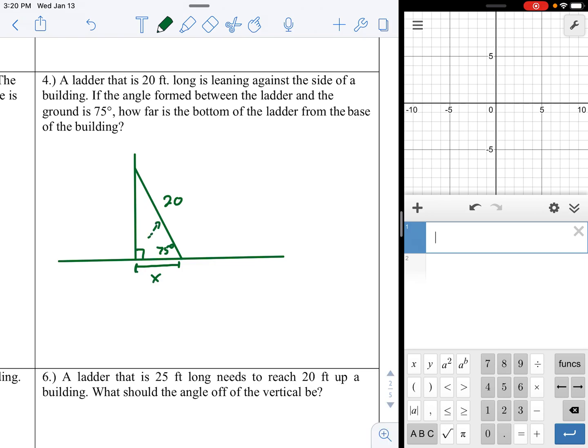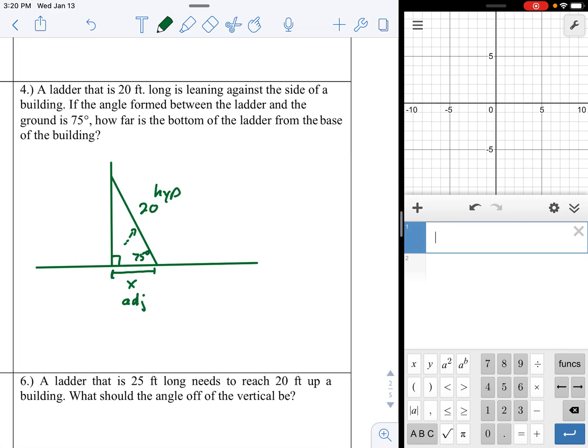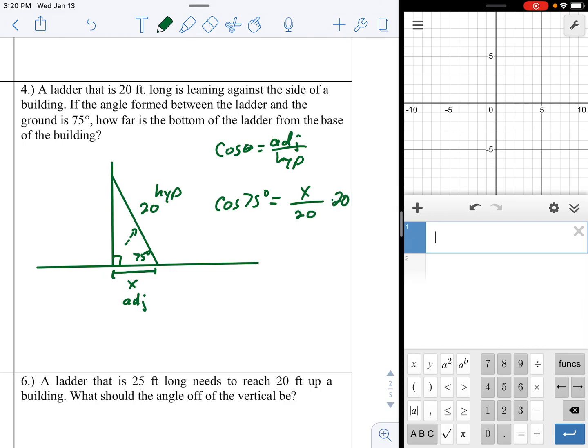So what do we have in this problem? We've got a hypotenuse and we've got an adjacent. Adjacent and hypotenuse is cosine. Cosine of theta equals adjacent over hypotenuse. So cosine of 75 degrees equals x over 20. To solve this, we're going to have to multiply both sides by 20 to cancel that out.